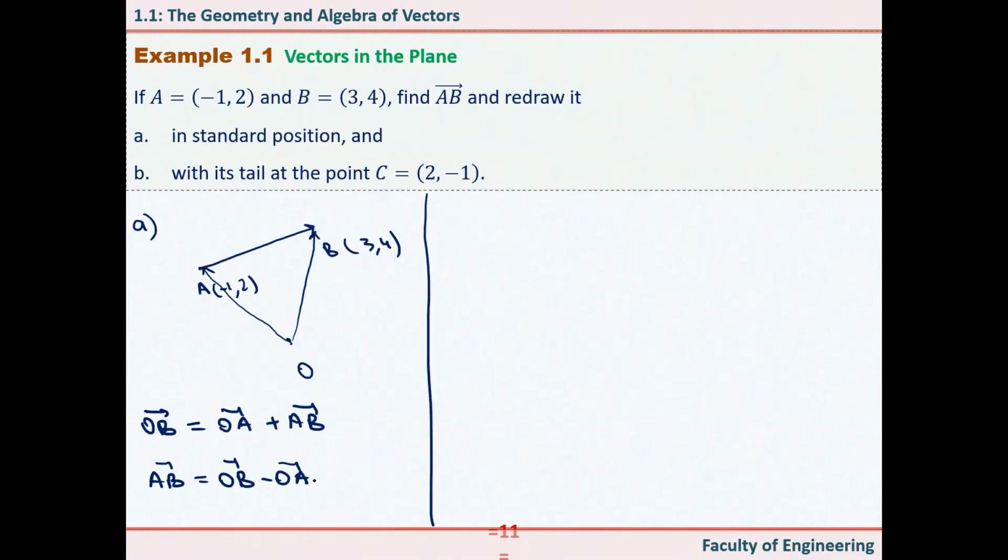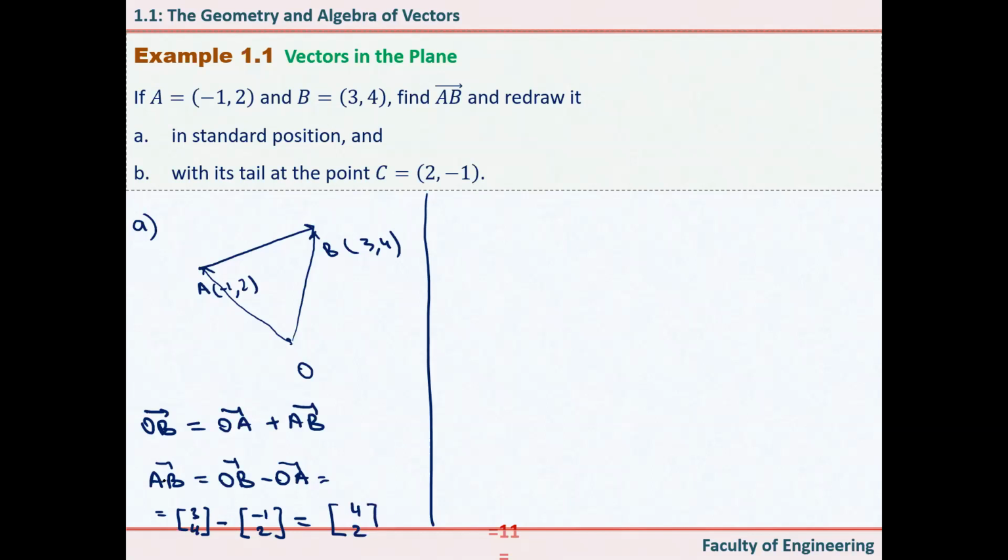Right? So from here, that's equal to, let me just write as a column vector. What is OB? OB is this, coordinates are 3, 4. It's a position vector because the tail is at the origin. So that is (3, 4) minus, how about OA? OA is (-1, 2). So if you subtract here, we will get this. 3 minus minus 1, that is 4. 4 minus 2, that is 2.